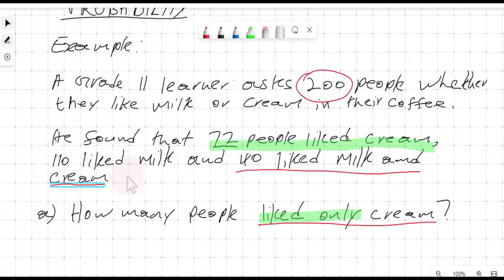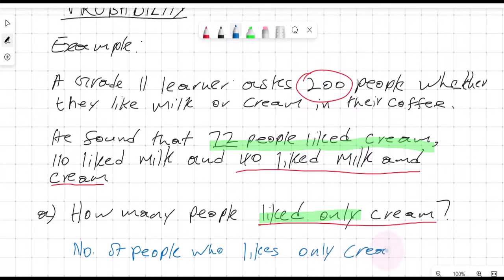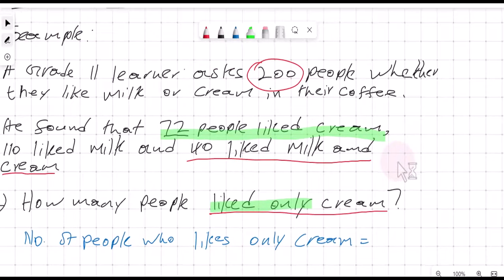So the number of people who like only cream is equal to 72 people who like cream minus 40 people who like cream and milk.